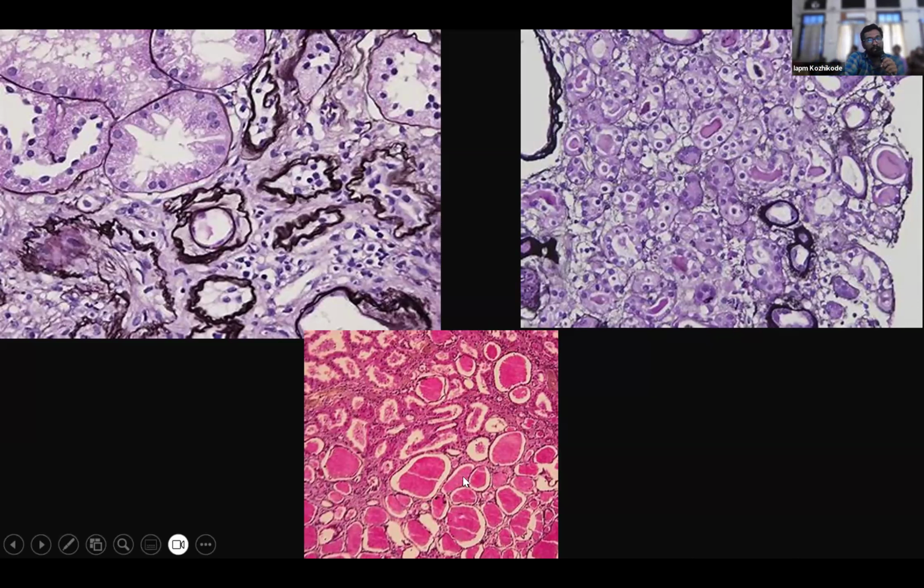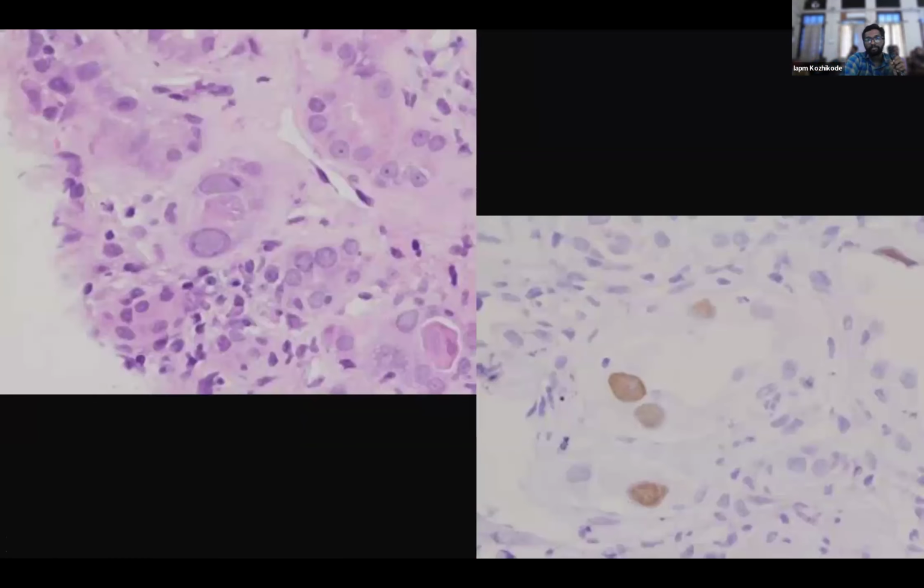And then you can have atrophy like this, thyroidization: the atrophic tubules are dilated and filled with cast. And sometimes in a transplant scenario, you can get BK virus also. You can do SV40 IHC also. These are the inclusions that you are seeing here.